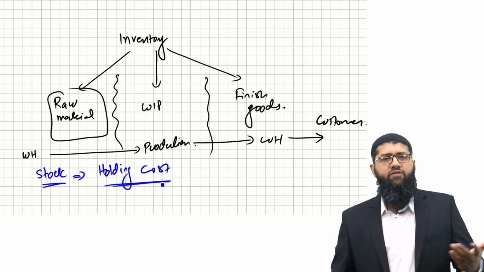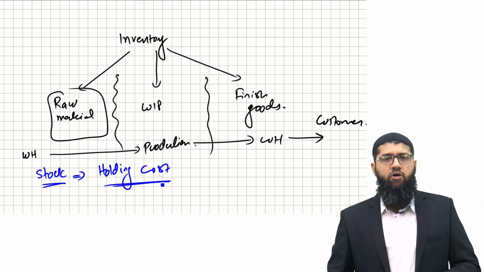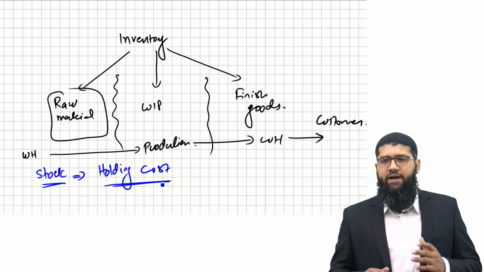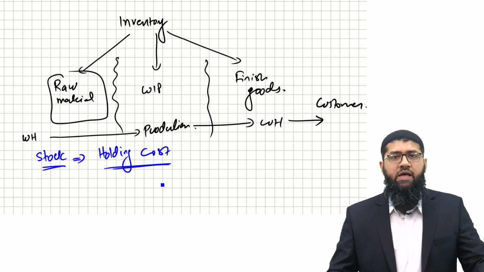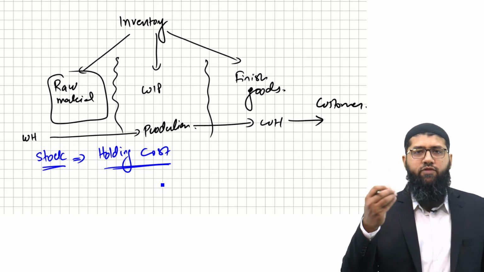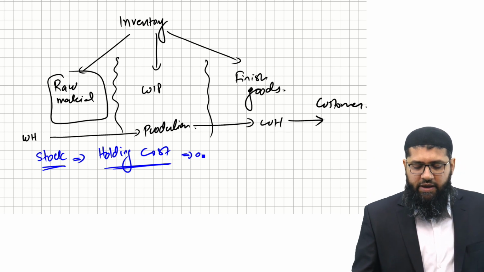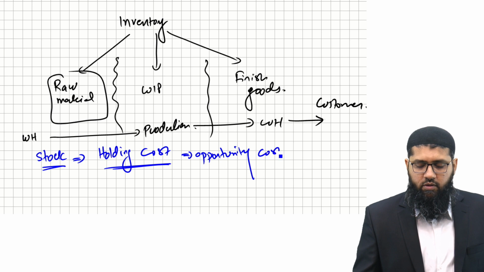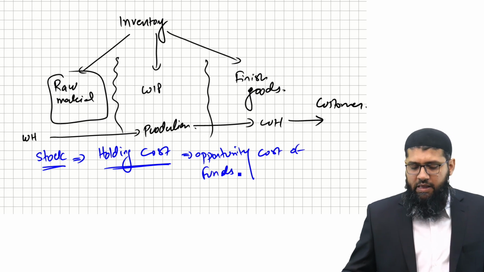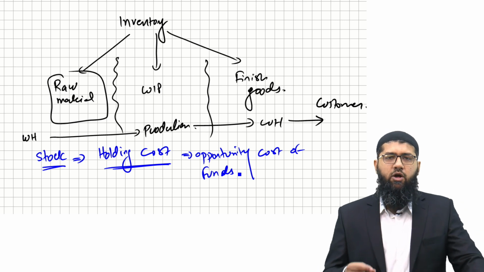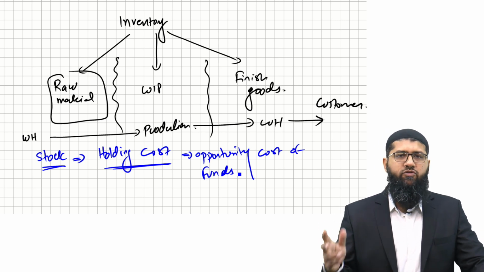There is a long list of what constitutes a holding cost, but just try to understand that having high levels of inventory means there is a holding cost, and one of the components of the holding cost is the opportunity cost of funds.